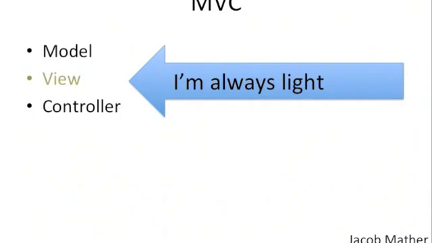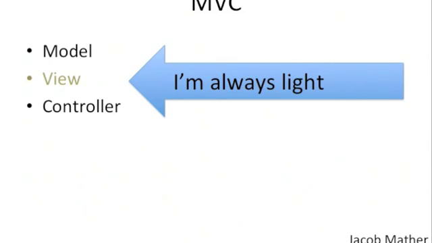The view is generally always light. It's using either PHP or there's lots of template languages, probably the most popular of which being Smarty or Twig. People have different views on how much logic should be in the view itself. I try and just keep it minimal to make it as simple and straightforward as possible.